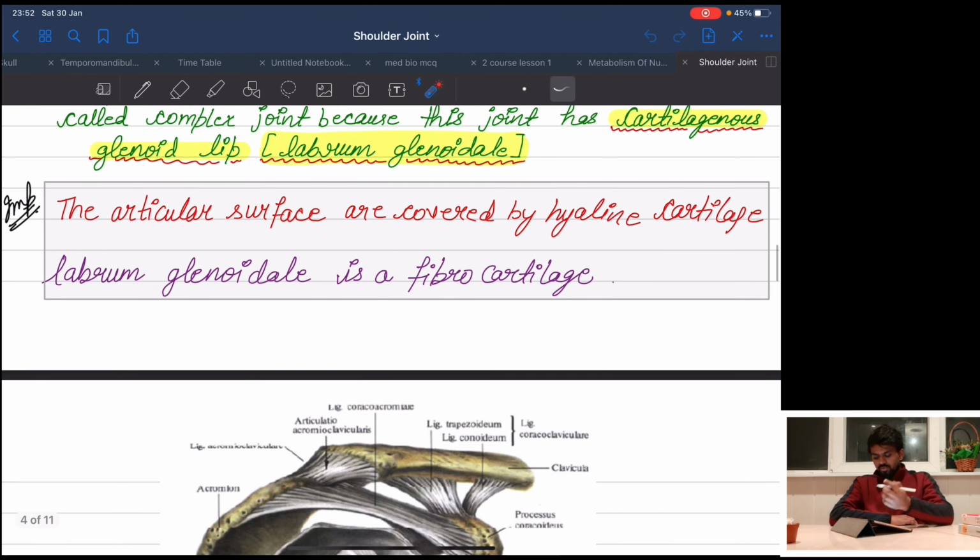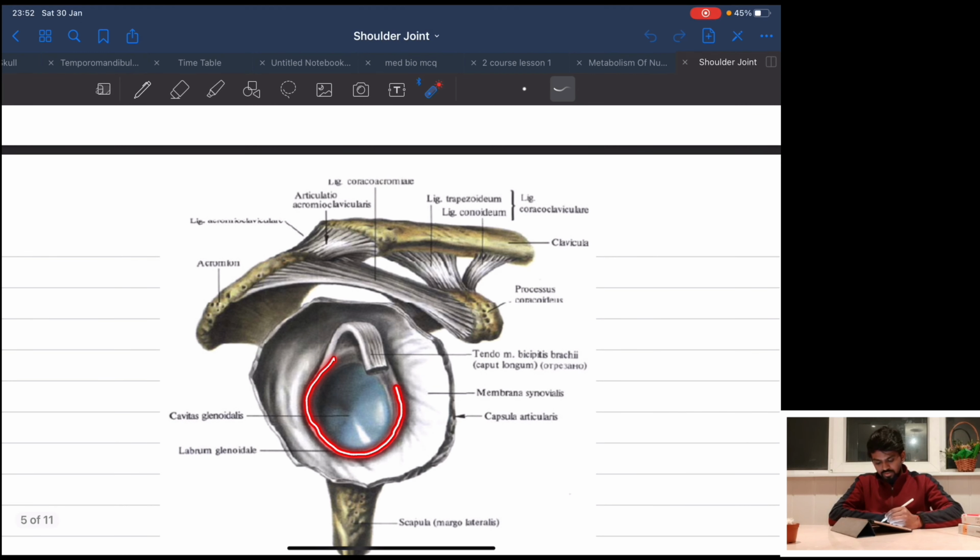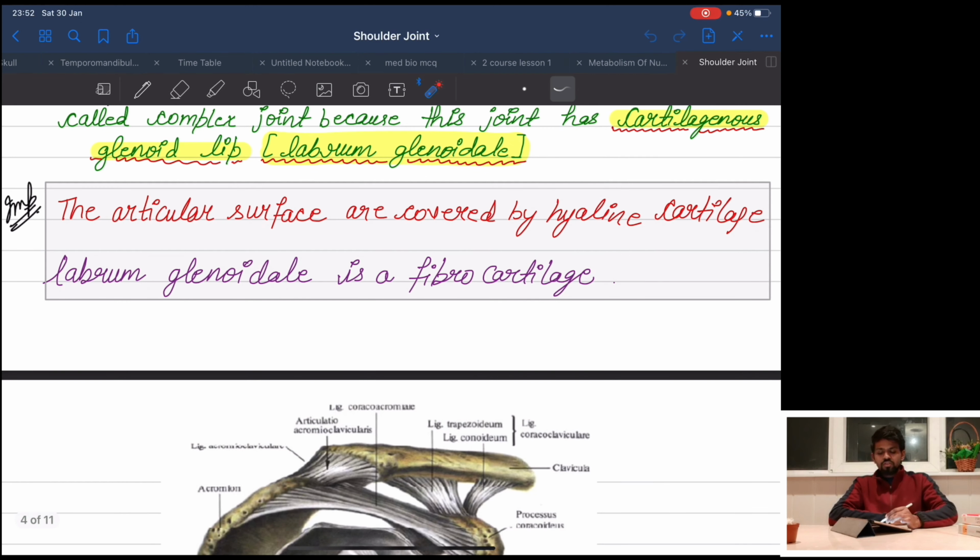The two articular surfaces are covered by hyaline cartilage, but the labrum glenoidale is covered by which cartilage? The fibrocartilage. Don't mix them up. The articular surface is covered by hyaline cartilage and the labrum glenoidale is covered by fibrocartilage.